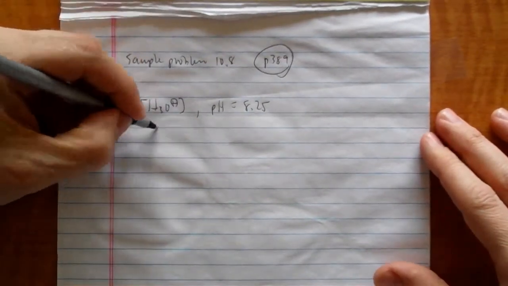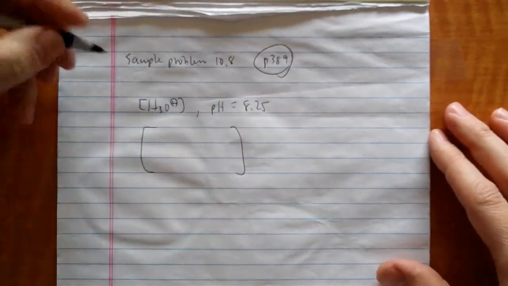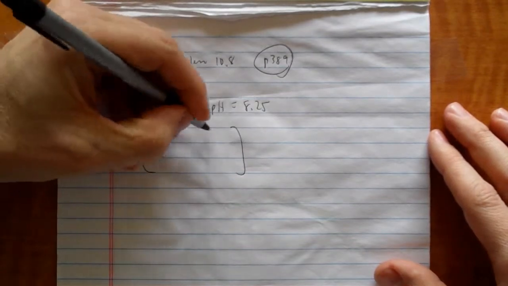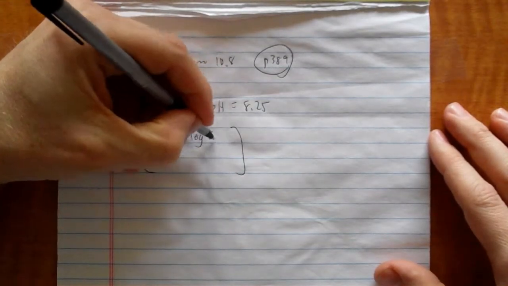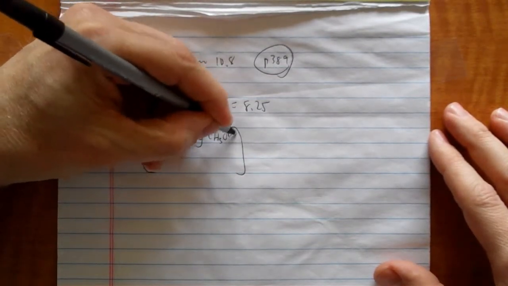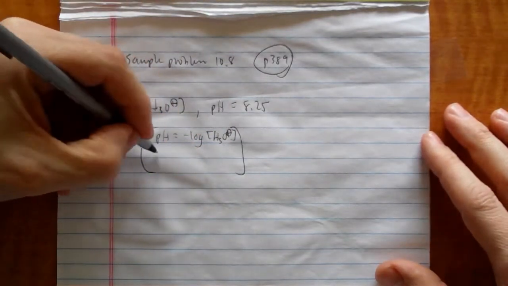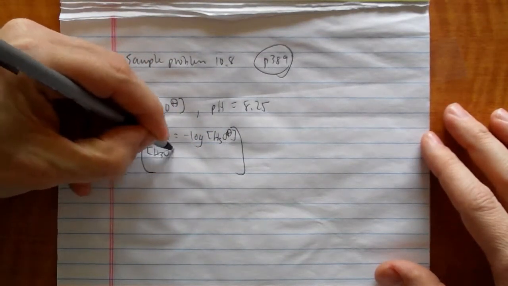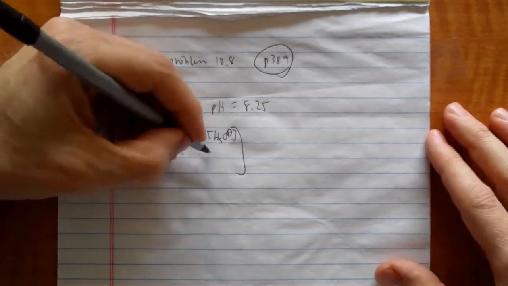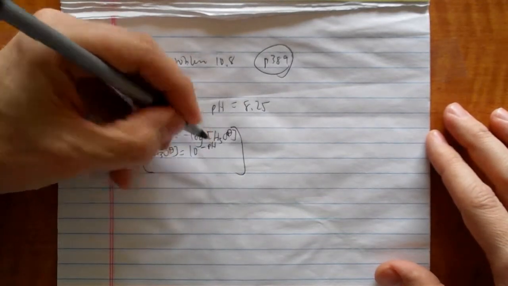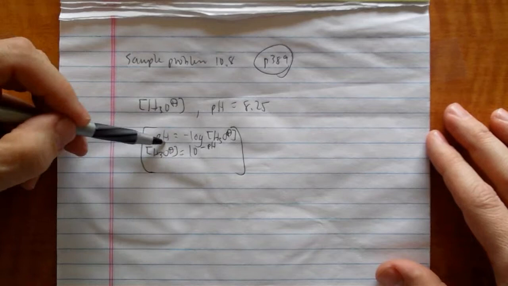I'm going to write out the formulas that I know. pH is equal to minus log of the hydronium ion concentration, right? And the hydronium ion concentration is equal to 10 to the minus pH, which is just the inverse. These two equations are equivalent.